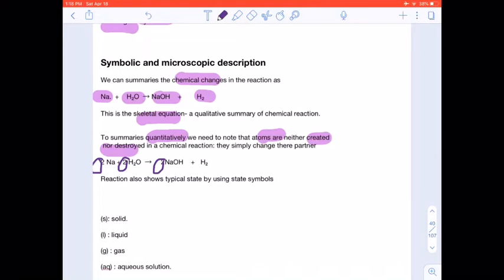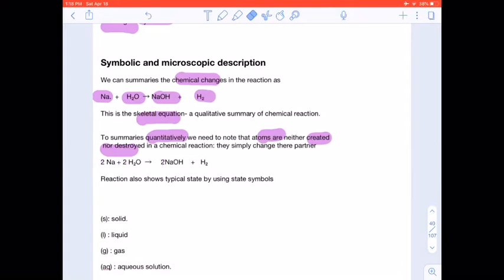Right, and in terms of this, you'll notice that the atoms are balanced, right? Since you have 2Na on the left hand side, you have 2Na on the right hand side, you got 4 hydrogens on the left, and you got 4 hydrogens on the right, and then you got 2 oxygens on the left and 2 oxygens on the right hand side.